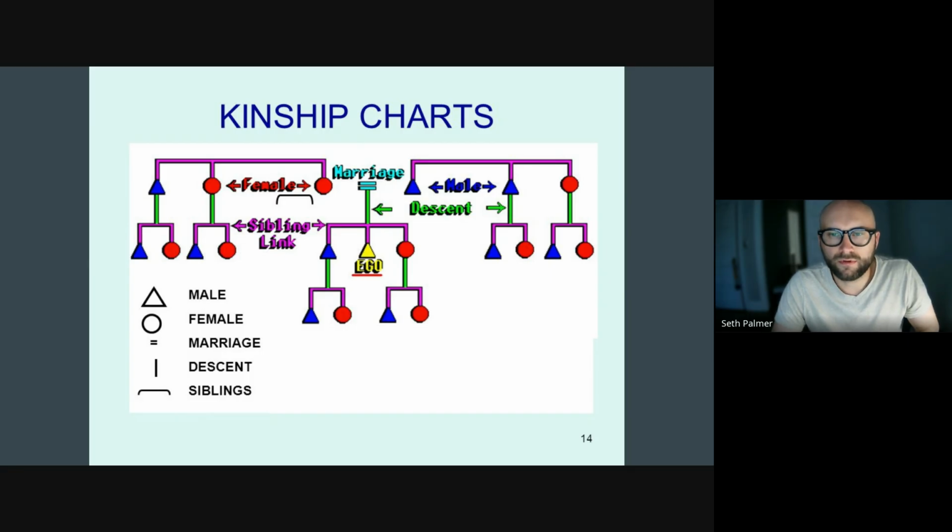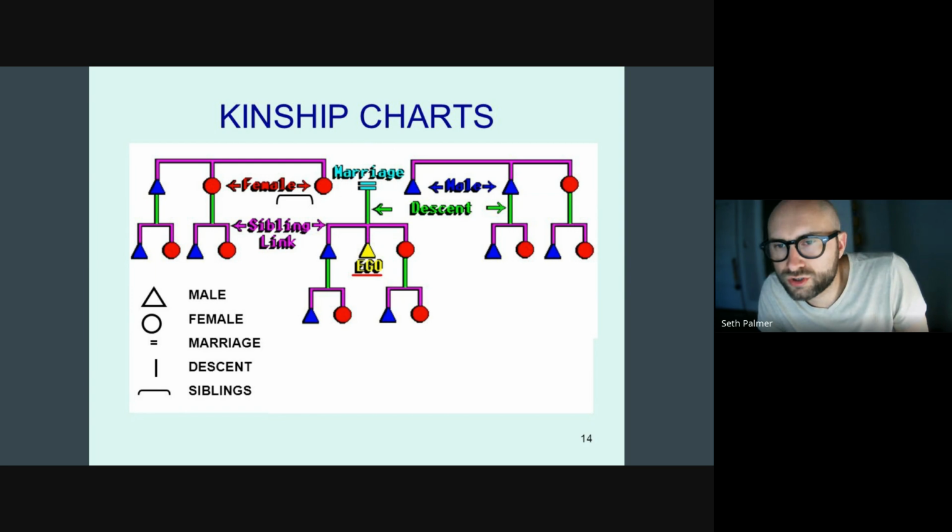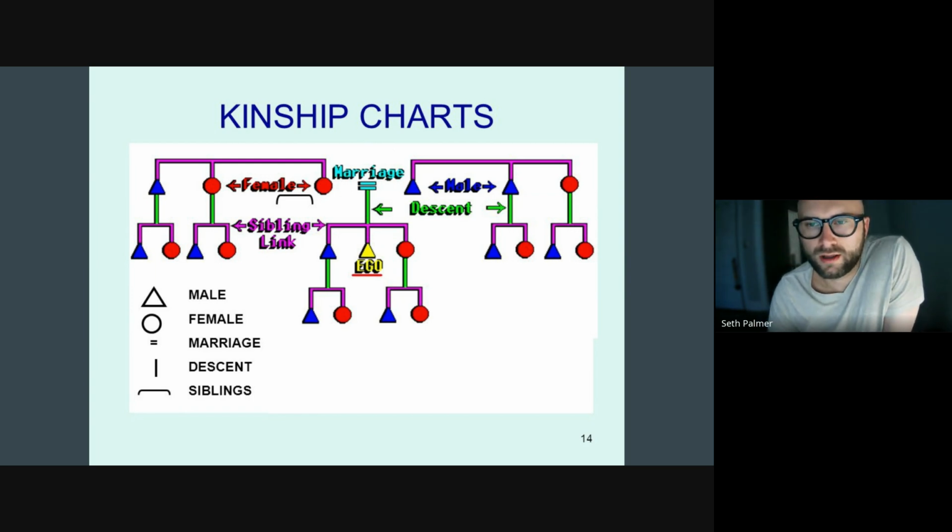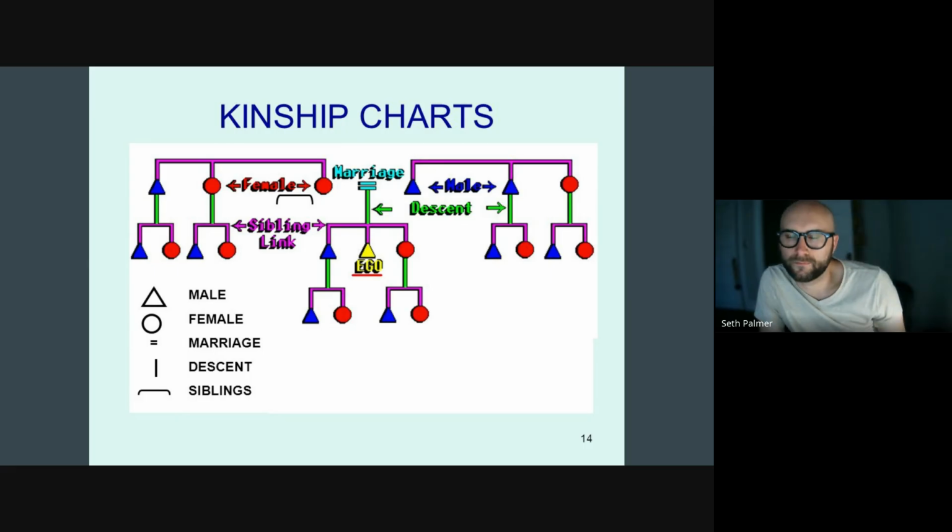For example, let's take another example to test your knowledge. This triangle to the right of the word male, so the triangle to the right of the father. Who is that to ego? You might have said ego's uncle, and that would be true. But actually, the anthropologist would say that's ego's father's brother.